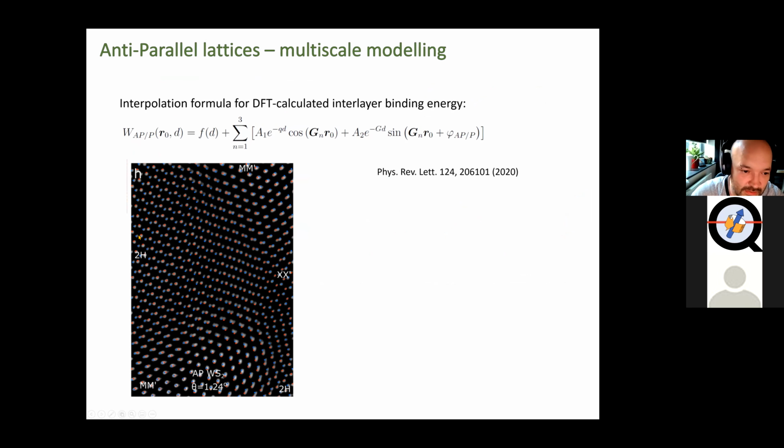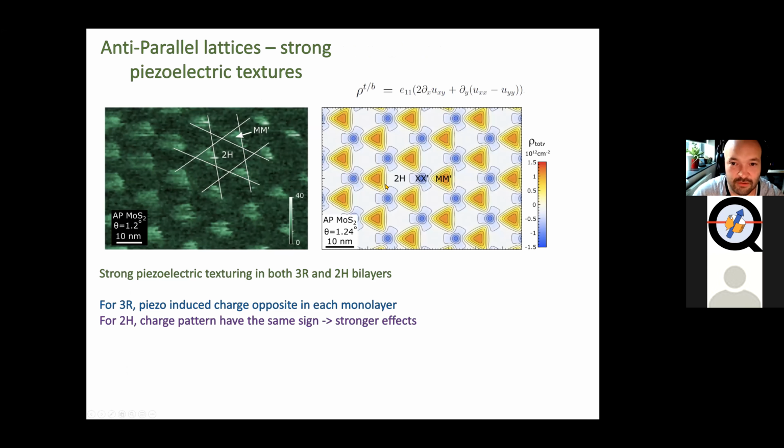Here you can see it's overlaid on top of TEM. Black and white is the TEM image, and on top, you can see red and blue predicted positions of the metal atoms. That allows us to extract the displacement of each atom from its initial position as in the non-reconstructed lattice, and look at the strain map and the resulting piezoelectricity map.